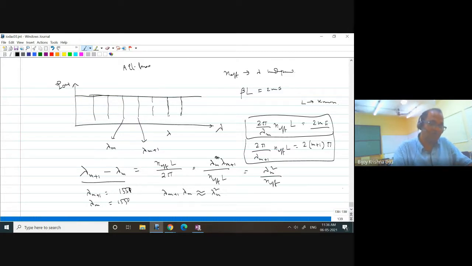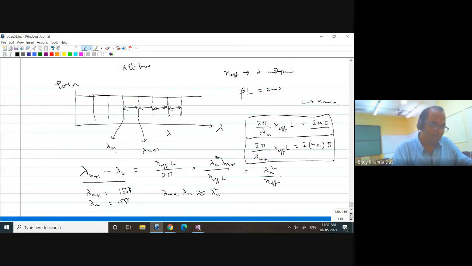So what does it mean? If I ask you whether this separation and this separation are identical or not, yes or no? I have all these resonances.